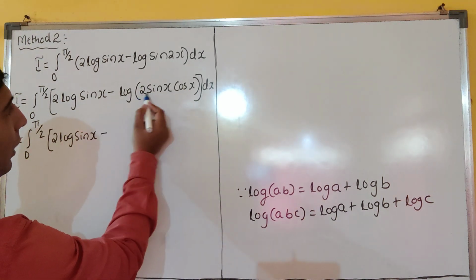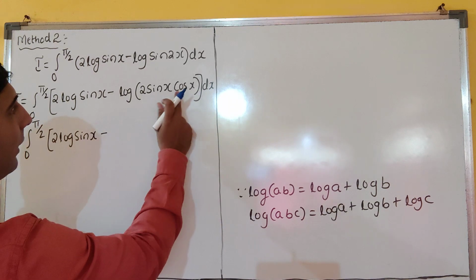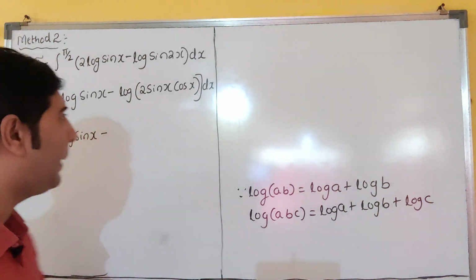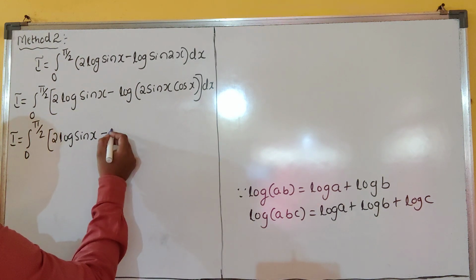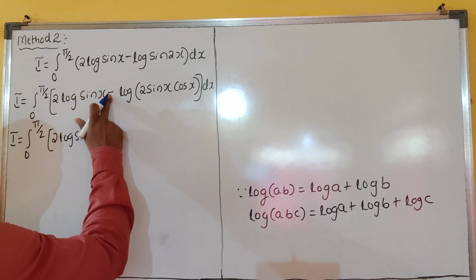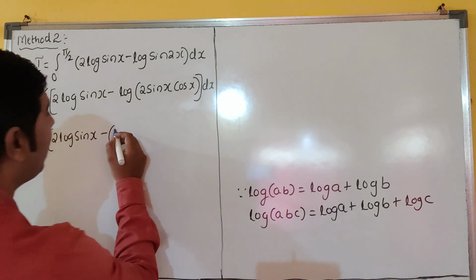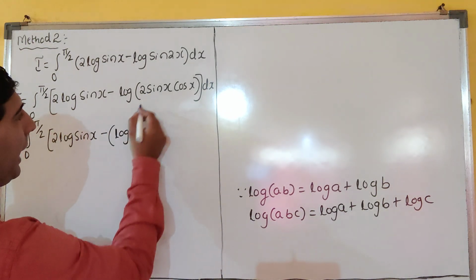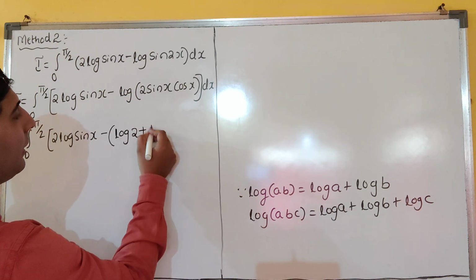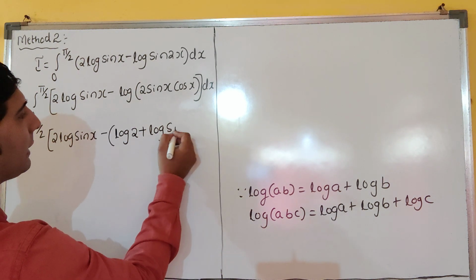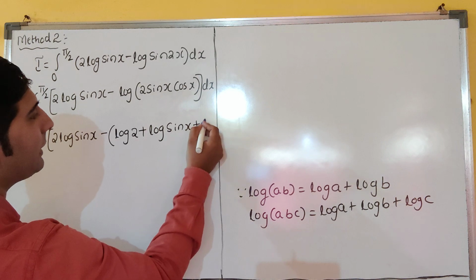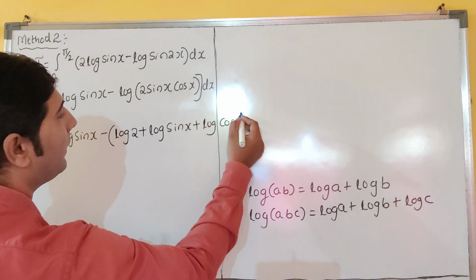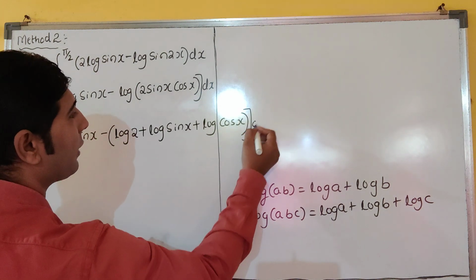Now it is looking like log of a into b into c, where a is 2, b is sin x, and c is nothing but cos x. Now apply this. The minus sign belongs to each and everything, so the minus is kept outside. Log a is log 2, plus log b is log sin x, plus log c is log cos x, into dx, dear students.